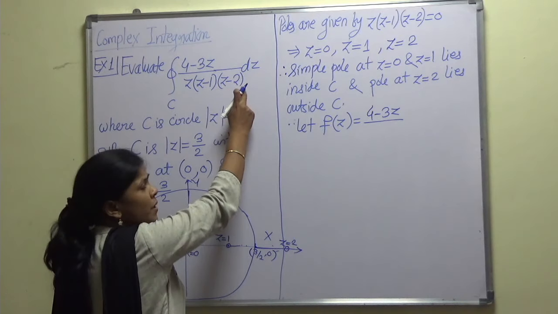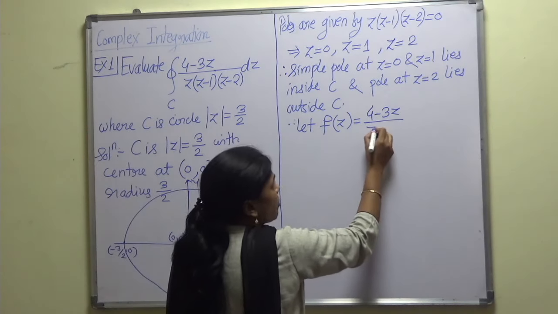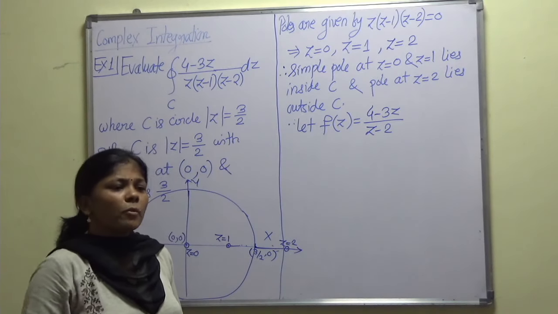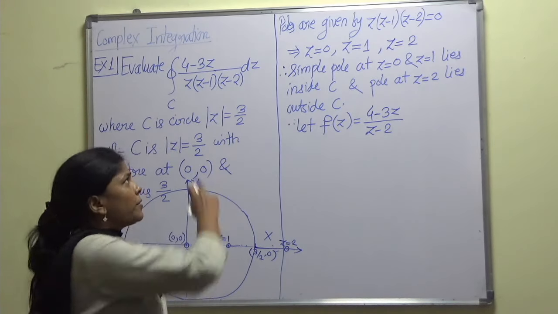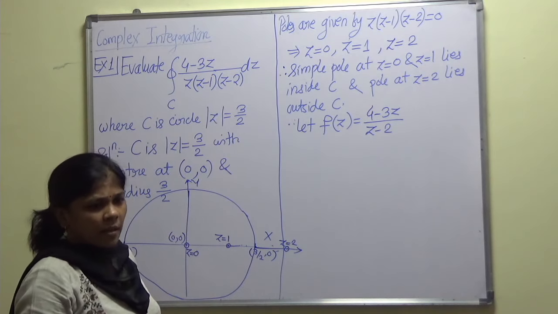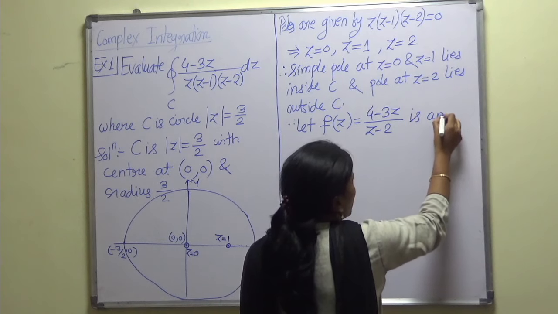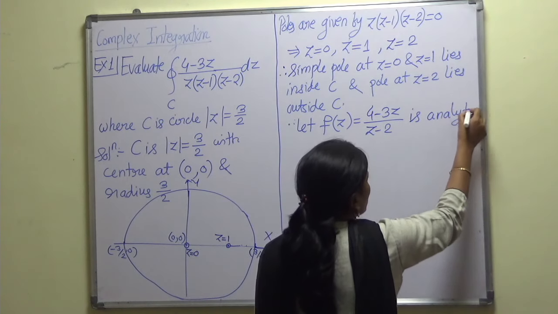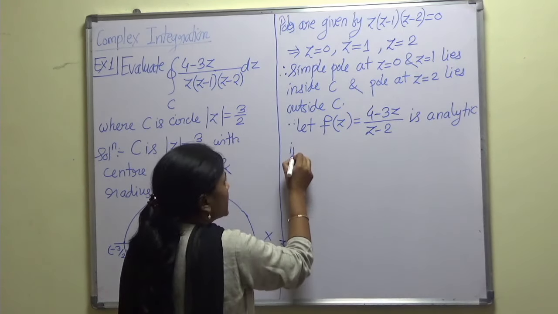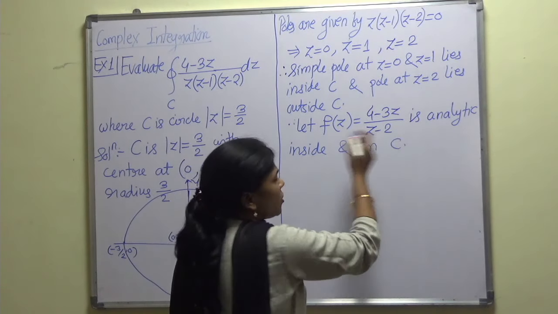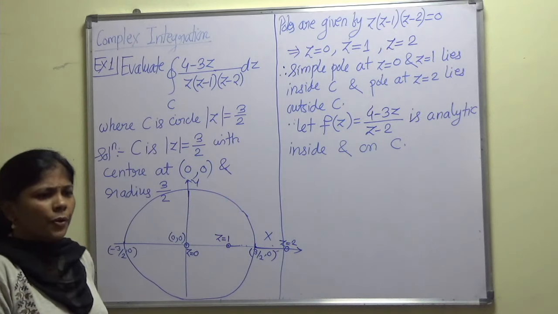So this part is going outside, right? So f of z is the numerator, that is 4 minus 3z, and the part of the integrand which is lying outside the circle, that is z minus 2. So this becomes analytic inside and on C. So I hope these concepts are clear to you all, right?